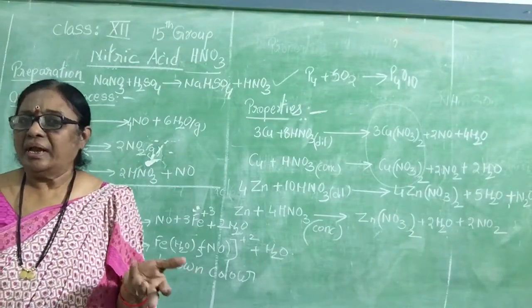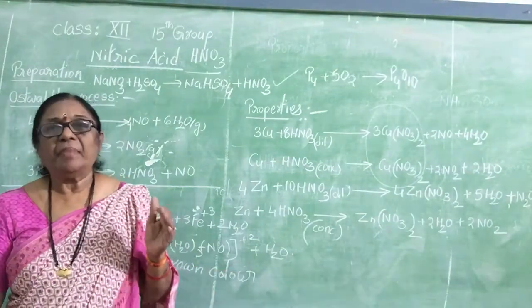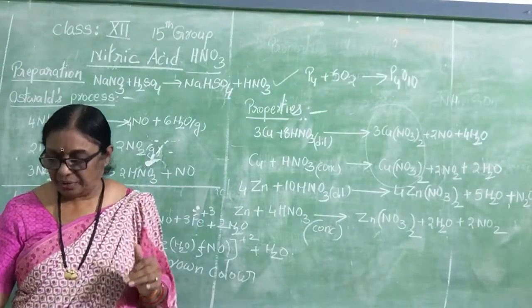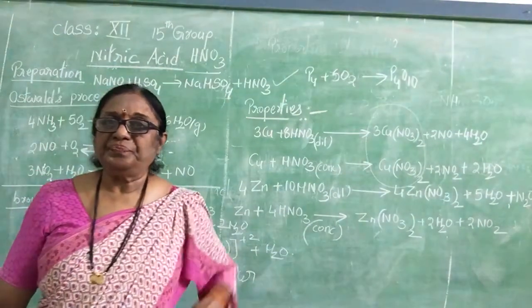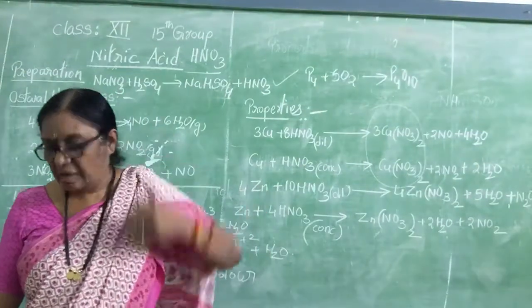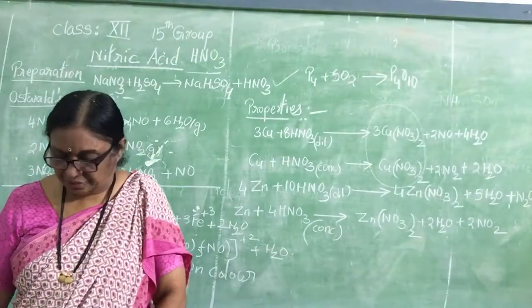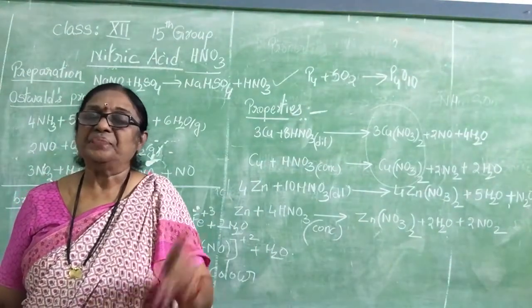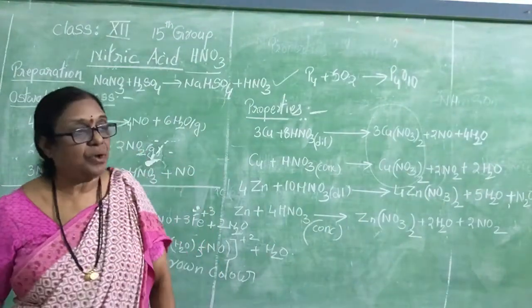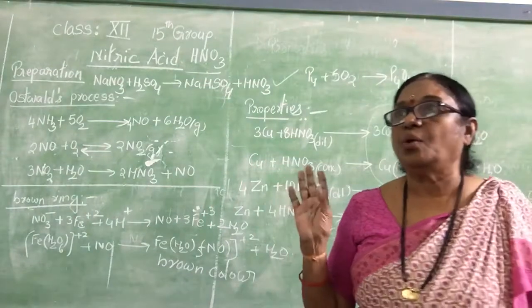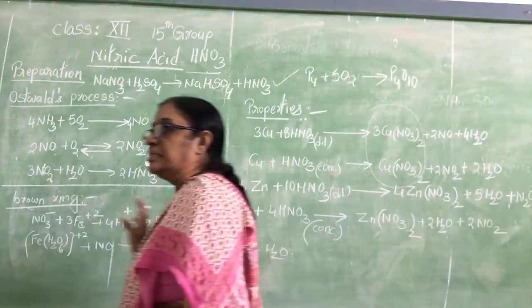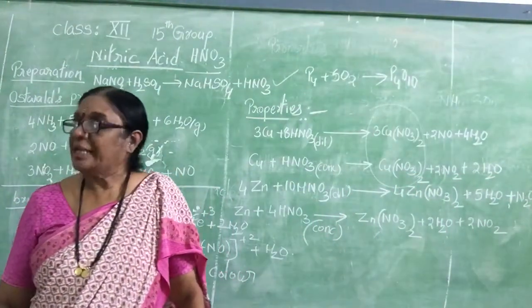Chemically, children, red phosphorus is much less reactive than white phosphorus. Red phosphorus does not glow in dark, but white phosphorus glows in dark. Is it clear children?